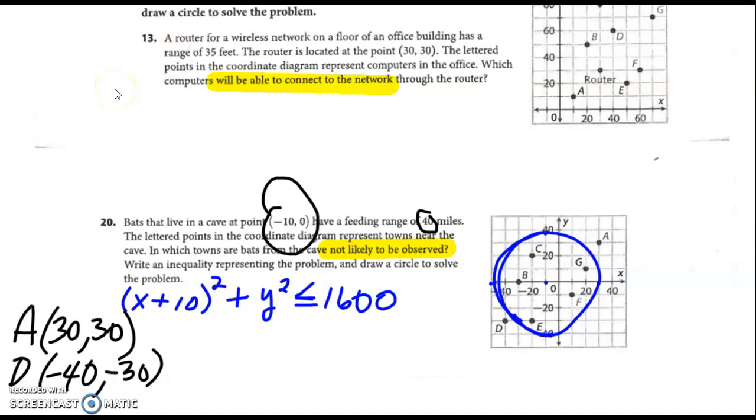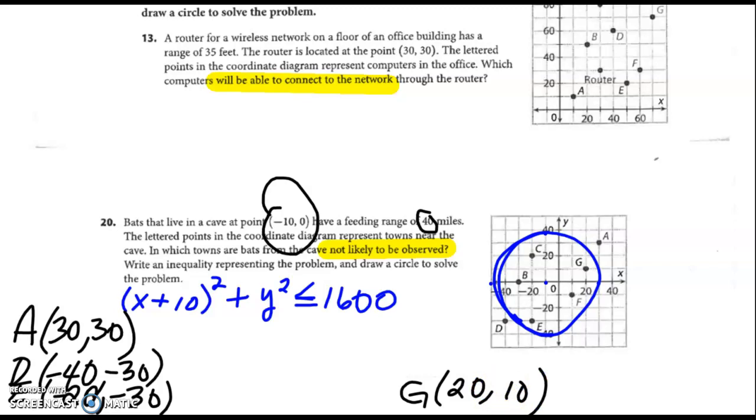So check those 3. (-20, -30). The rest, G will not be on, it doesn't look like. I don't know, G's kind of close. I'm just going to do it because I like math. So (20, 10). We're going to check that.